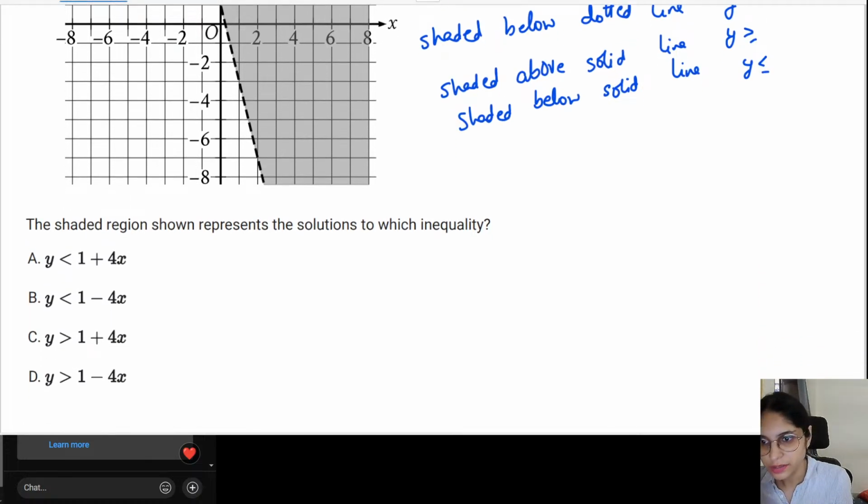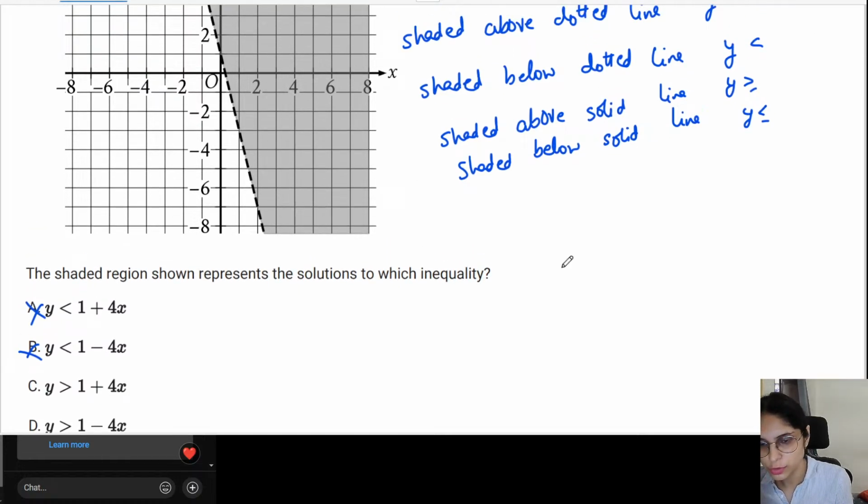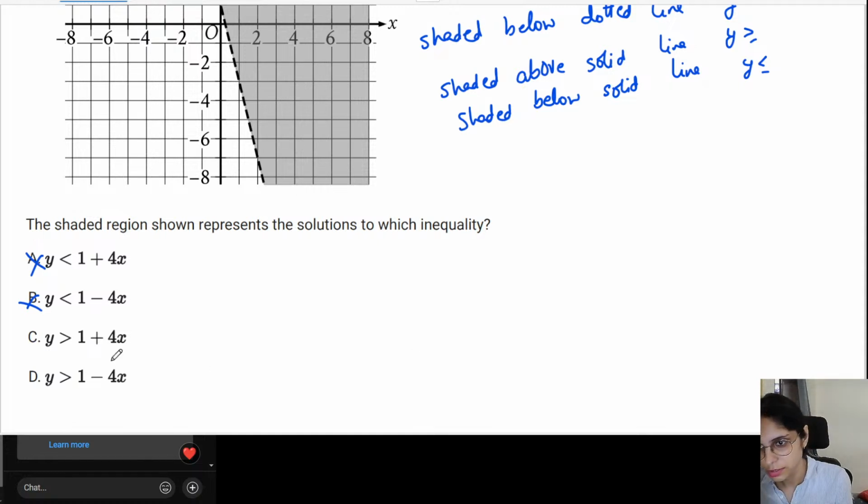So here it should be y greater than. So these two options are already gone. And now you're looking for slope. It's a negative slope, so slope should be negative. So plus 4x, so slope is negative. So minus 4x works. That's how we can solve it.